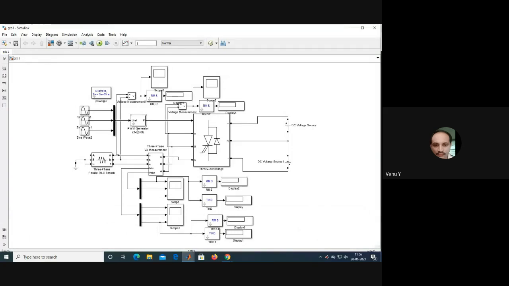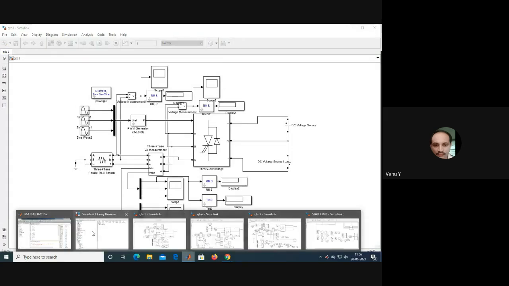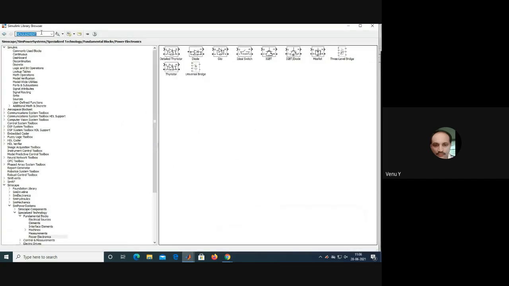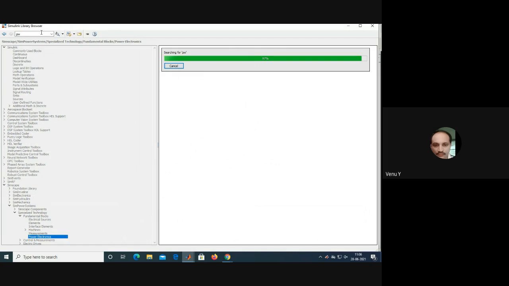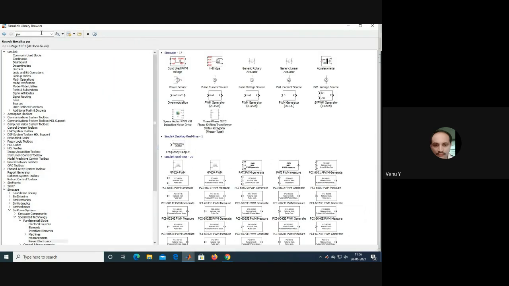So similarly, you'll get a PWM generator, three-level. This is PWM three-level.